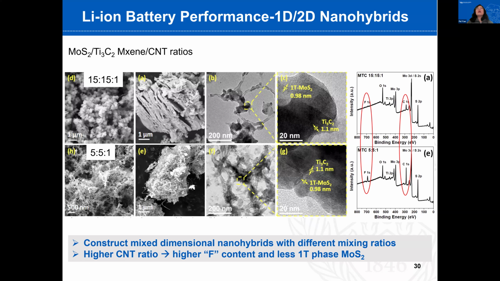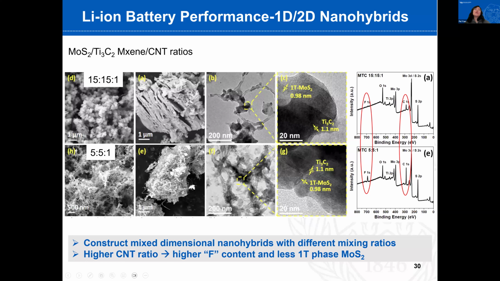So the direct observation is that once you have more CNT, due to this wrapping effect, the ions cannot easily penetrate through and trigger the fluorine functional group removal. So we have a higher fluorine content in the higher CNT content sample.